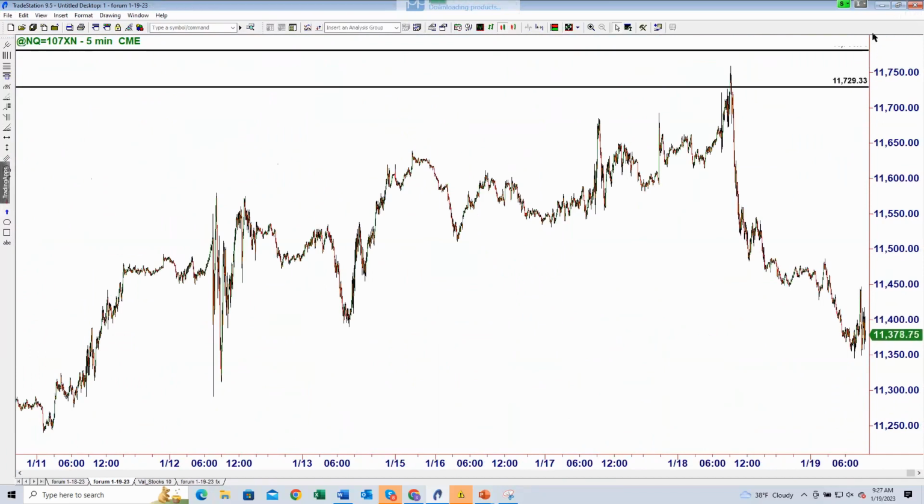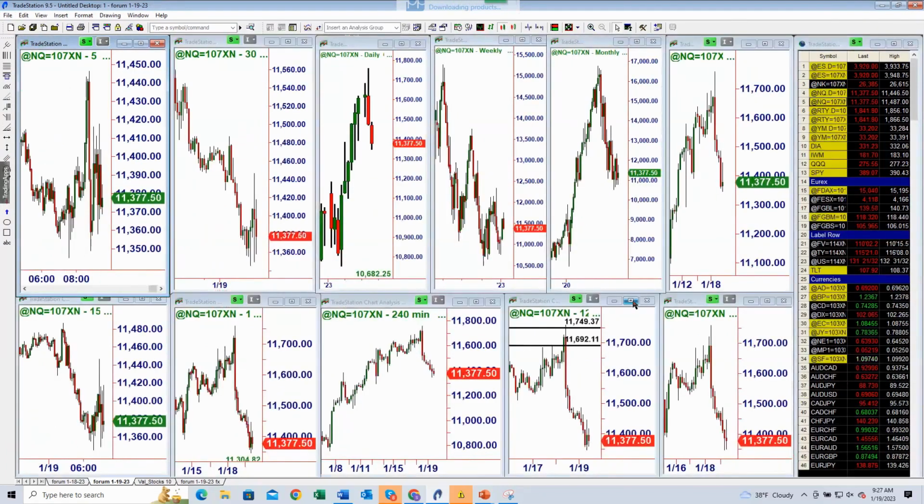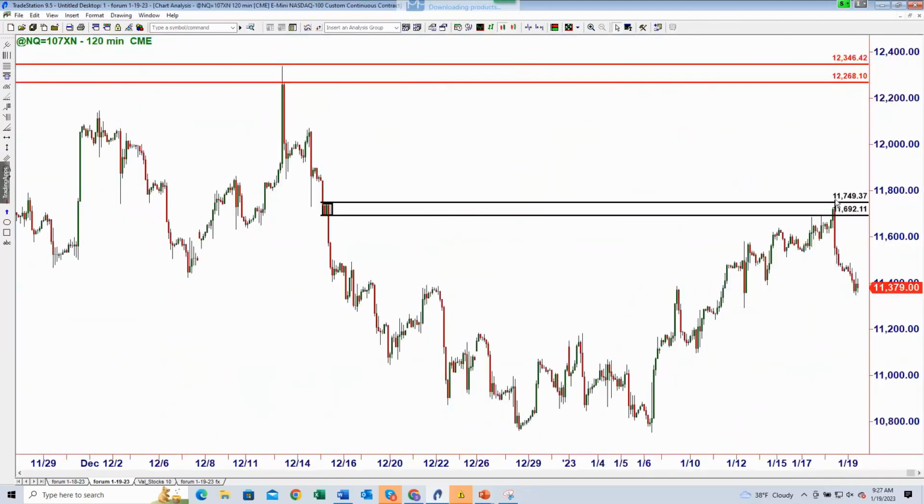Normally that's not the case. Normally we don't have to go to a small time frame like that. But you can see we came up to and poked through this area just a little bit, but sitting just above this supply zone, there was another little supply zone sitting right there. So that was the high in the NASDAQ up here yesterday.